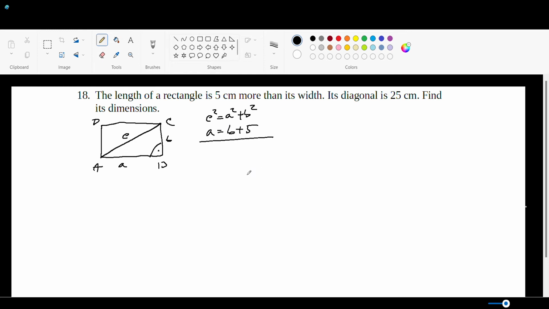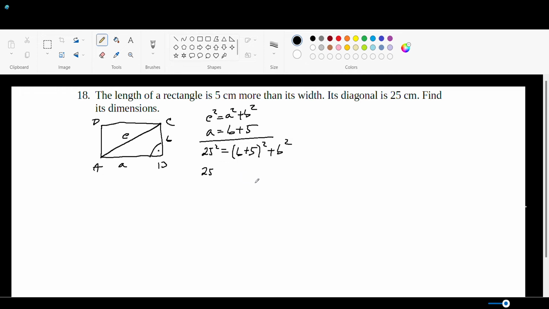Now we have two equations with two unknowns. e squared is 25 squared, which equals, instead of a squared, we write (b plus 5) squared plus b squared. This is a very simple quadratic equation.